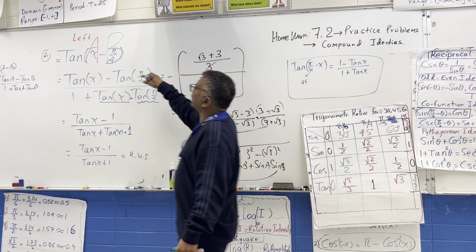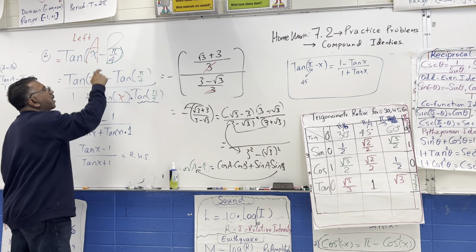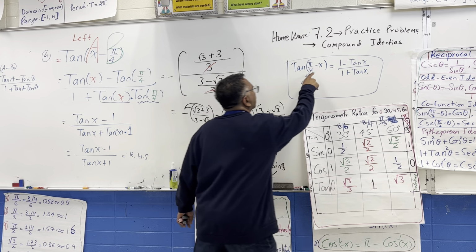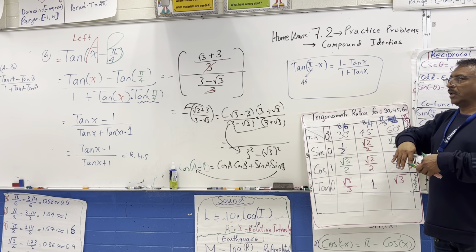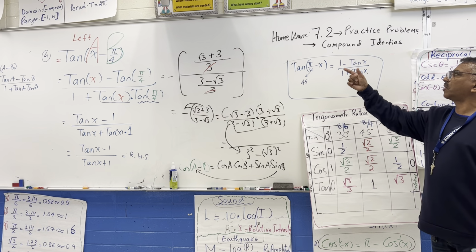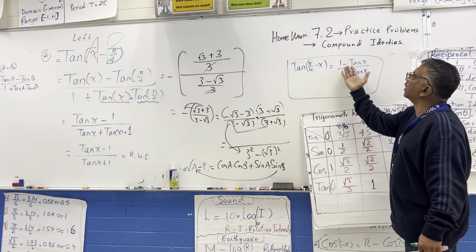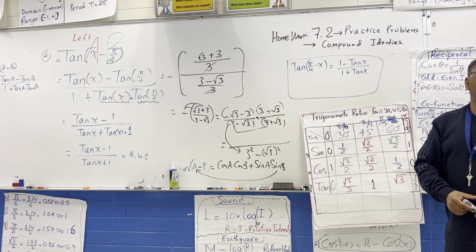If this is swapped, so this is x minus pi by 4, this is pi by 4 minus x. So if it is pi by 4 minus x, in later classes we should just write this identity. Remember it as 1 minus 10x over 1 plus 10x.